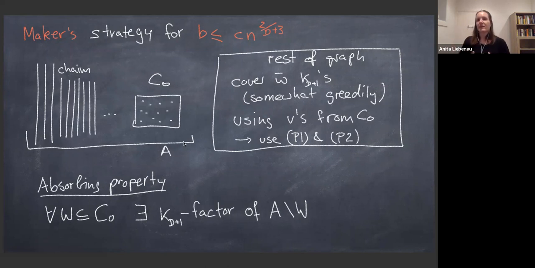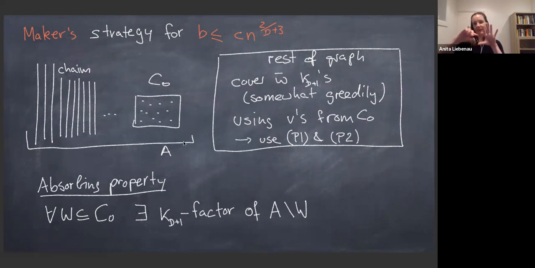So now what's my strategy? I somehow use these other pseudorandom properties to cover the rest somewhat greedily with copies of KD plus 1 in a way so that, well, I won't be able to cover everything perfectly, but in a way so that the remaining vertices that I can't cover have a good neighborhood inside this C0, which is linear size.